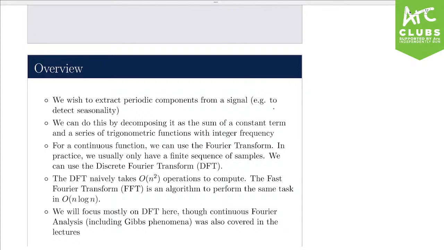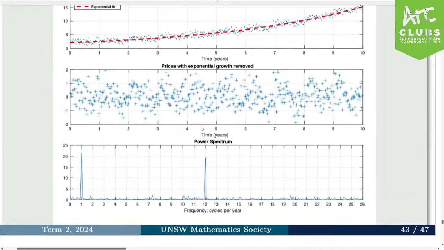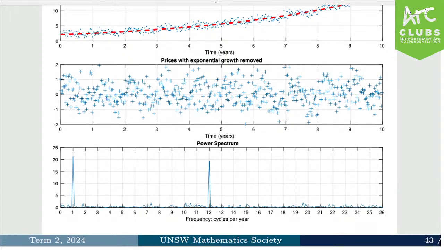The discrete Fourier transform takes a bunch of data and extracts the periodic components. So, for example, here we have this data, and once we put that through the discrete Fourier transform, it gives us these spikes where there's a periodic component.